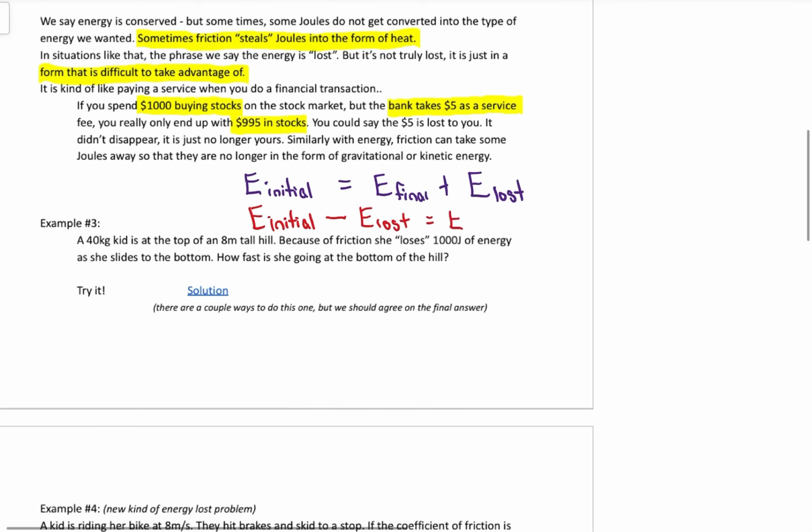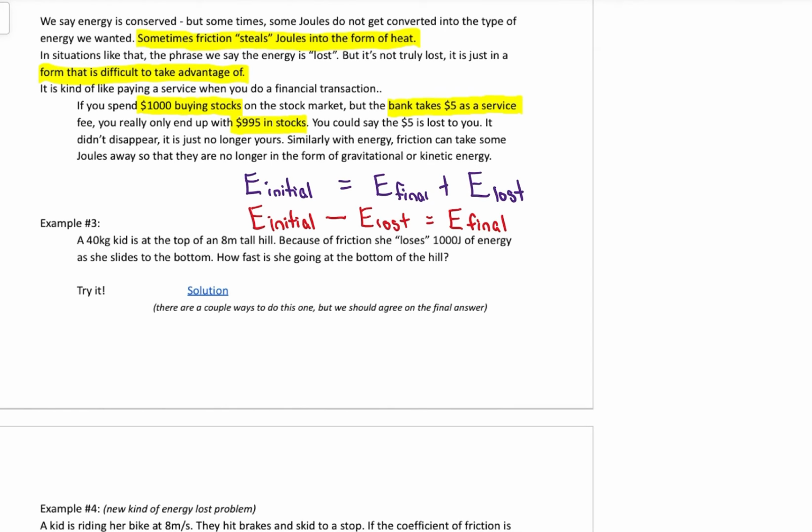That tells us what we've got at the end. Take the 1,000, subtract the 5. That means we have 995 in the final form. Mathematically, those are equivalent. I really don't mind how you set it up, but just know that when friction's involved, less of the joules make it to a useful form in the end.